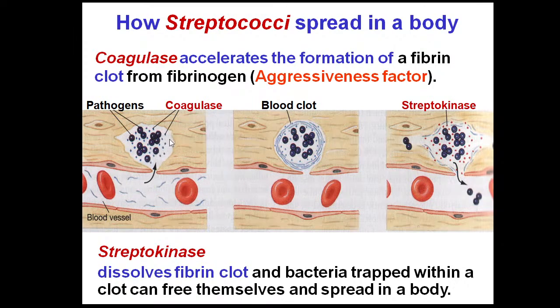Then these coagulases cause plasma to clot, right? So the macrophages from the blood cannot digest these bacteria here, right? But then after a while, as they are multiplying there, they start producing an enzyme that is called streptokinase that dissolves the fibrin clot and lets them into the bloodstream and spread there. Okay? That's how they may spread in a body.